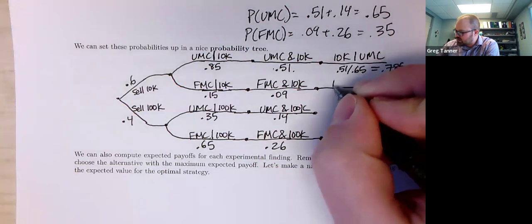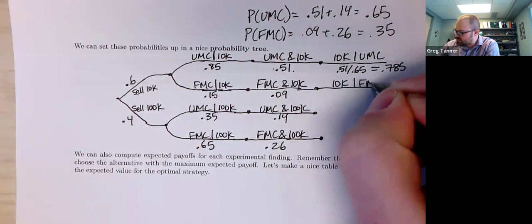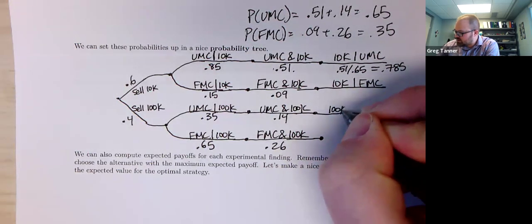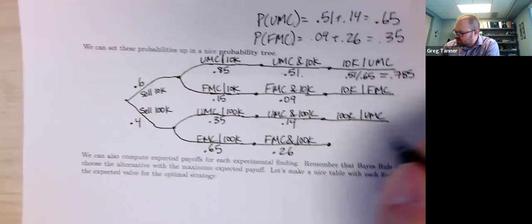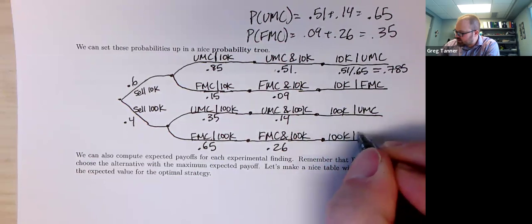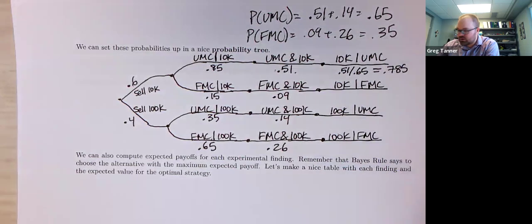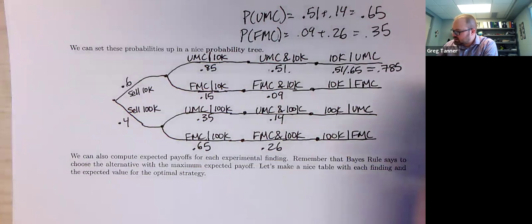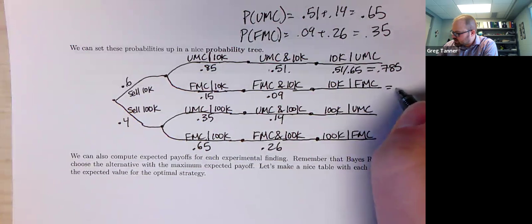Okay, and this one would be 10K given FMC. This would be 100K given UMC. And this one would be 100K given FMC. Okay, and then you do the same computations, you'll get the same posterior probabilities that we did before of, let's see, 10K and FMC, this is going to give you 0.257.